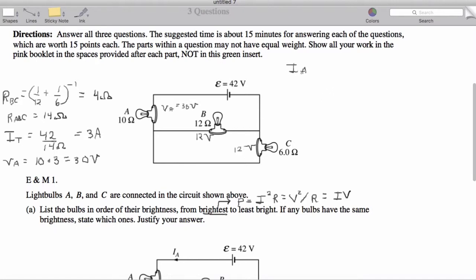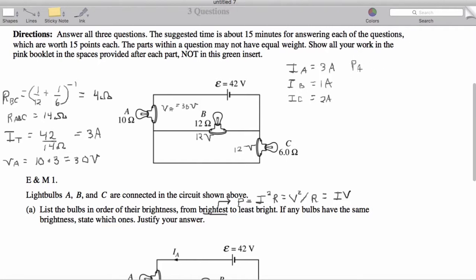So now let's get the currents. I through A is going to be 3 amps because V equals IR. So I'm using 30 volts, 10 ohms to get a 3 amp current. I through light bulb B is going to be 1 amp. And I through light bulb C is going to be 2 amps. Now let's get the power.